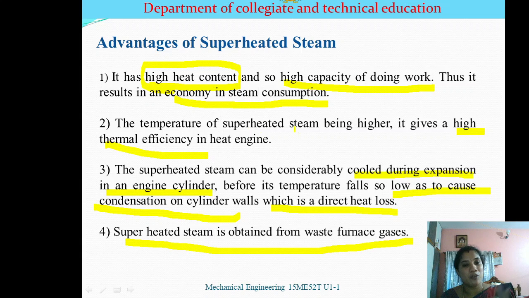Since the temperature of the superheated steam is higher than the saturation temperature, it yields high thermal efficiency. The condensation process for the superheated steam is much easier compared to other forms of steam, and this superheated steam is obtained from waste furnace gases.